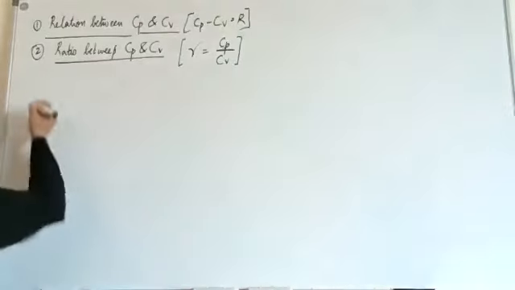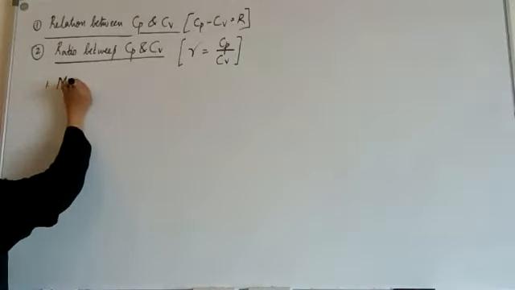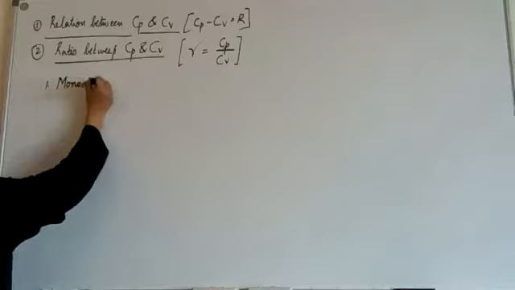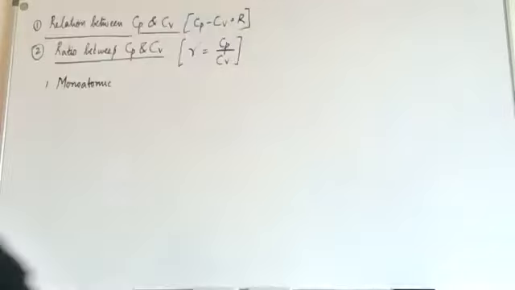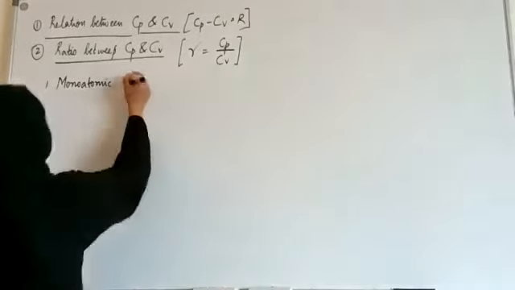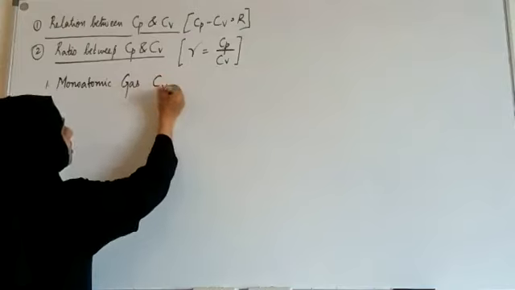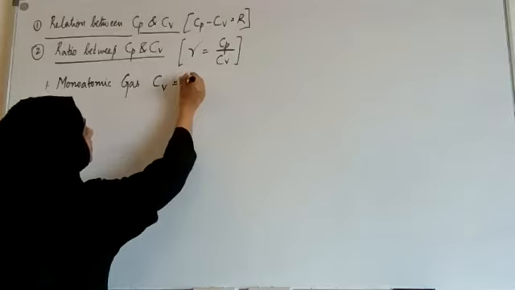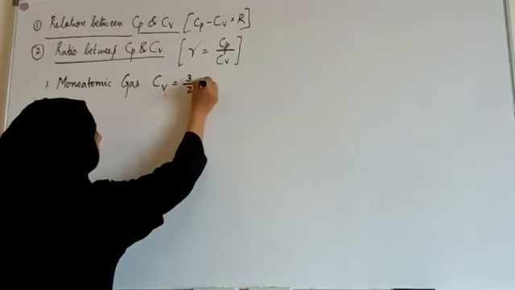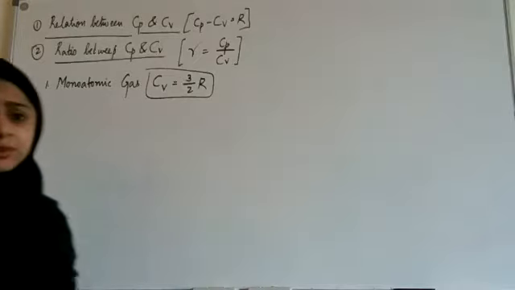Now, let us consider the case of monoatomic gas. In monoatomic gas, the molar specific heat at constant volume is equal to 3/2 R. This is a quantity which you will have to remember.